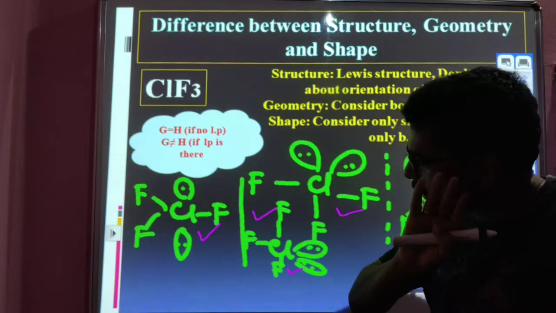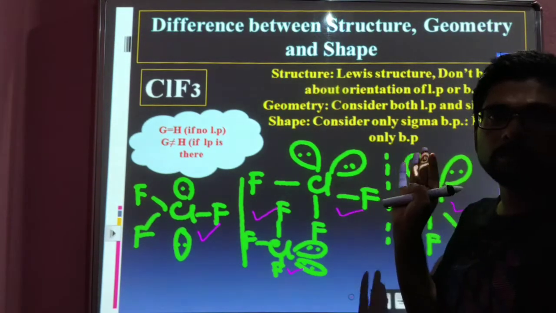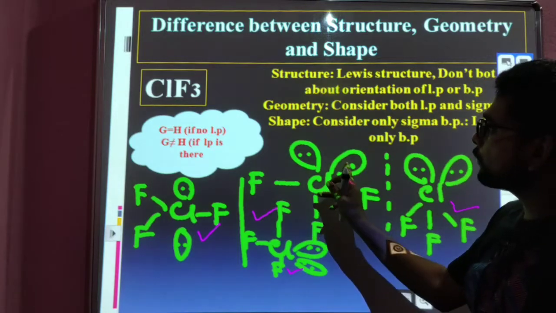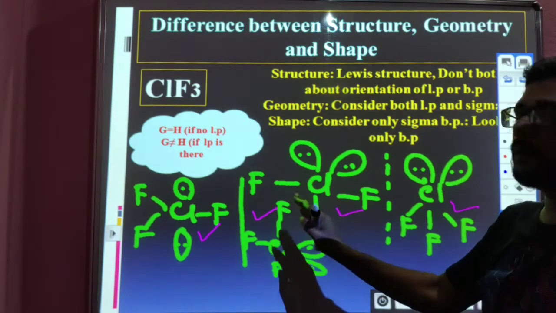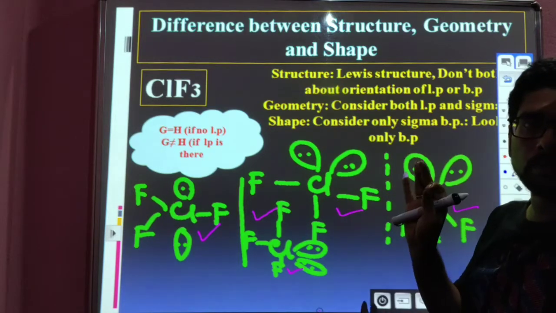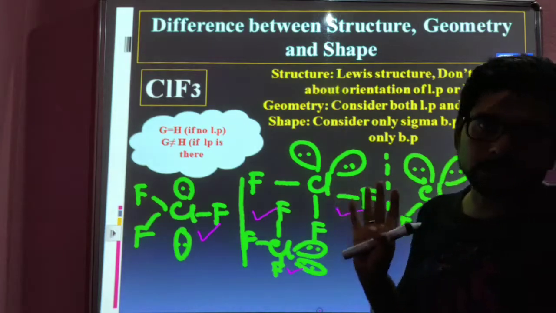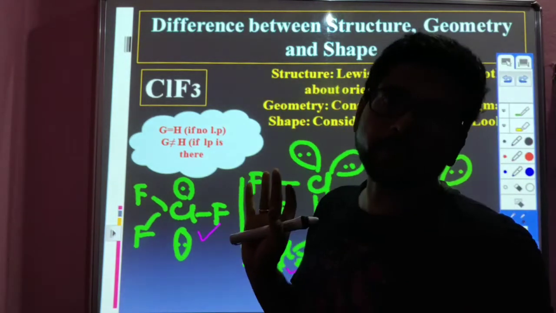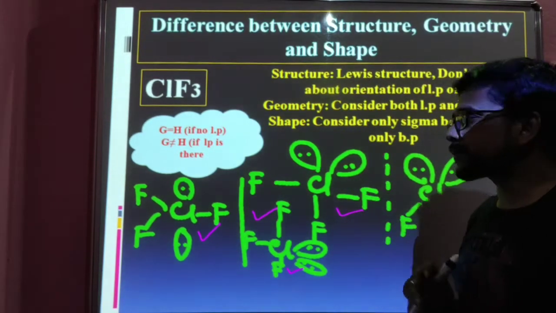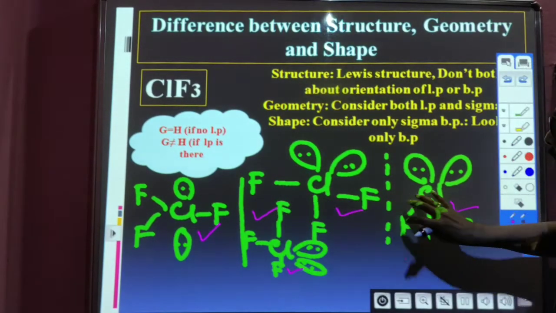Don't bother about anything. That will be the correct structure, provided that the calculations of the number of lone pair of electron and bond pair must be correct. You should not make any mistake on that calculation. That will create your problem. That won't be the correct structure. So this is also okay, this is also okay.